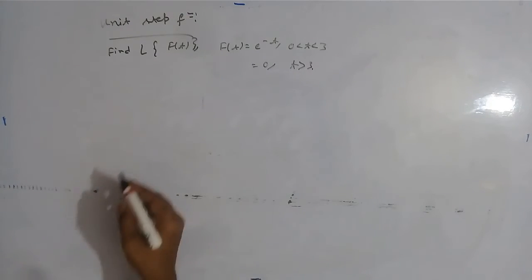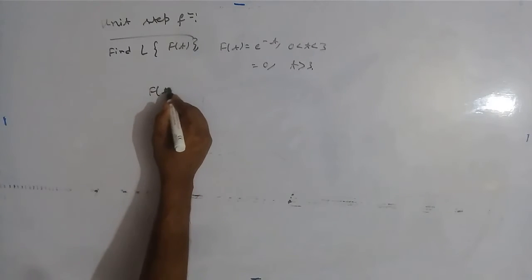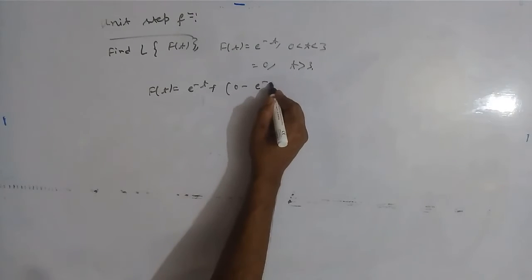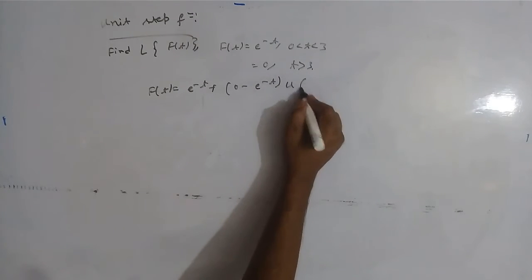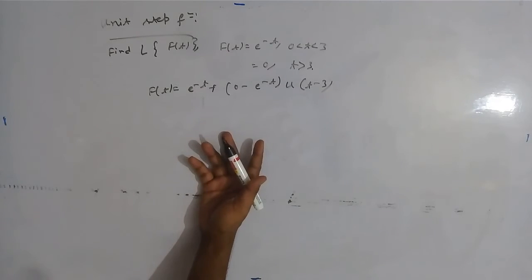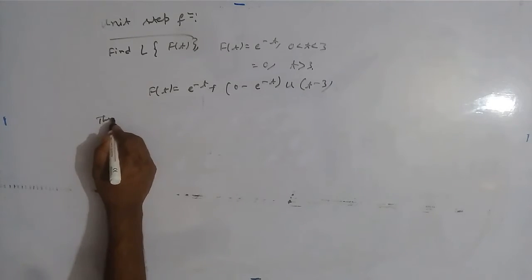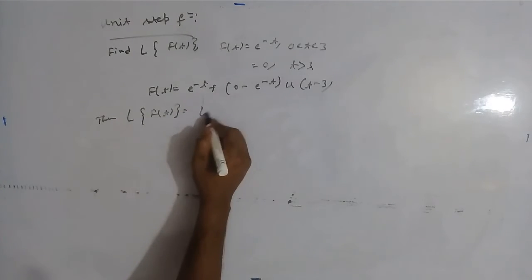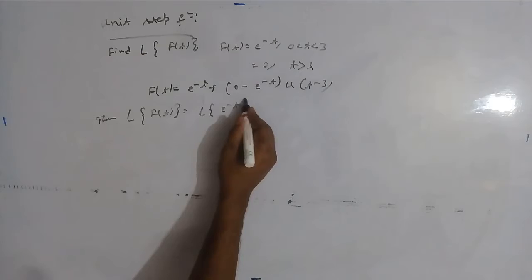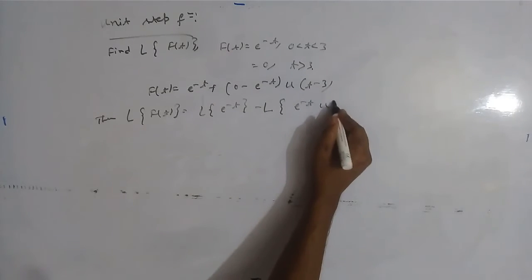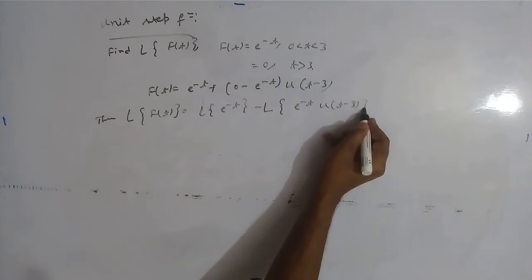So we can express this function in terms of unit step function like f of t equal to e to the power minus t plus 0 minus e to the power minus t into u of t minus 3, where u of t minus 3 is a unit step function. Then L of f of t equal to L of e to the power minus t minus L of e to the power minus t u of t minus 3.